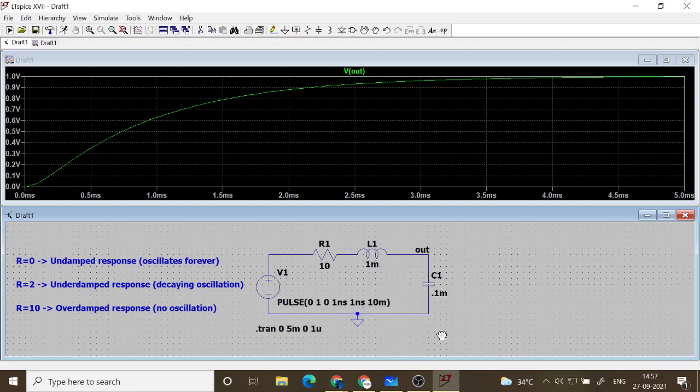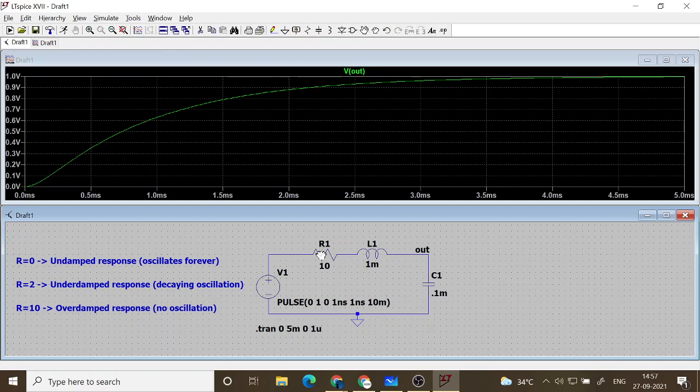Okay, so this is with respect to the capacitor, taking output across the capacitor. Now you can do the same thing taking output across the resistor, inductor also. So that will be the step response where you interchange the position of capacitor with the resistance.